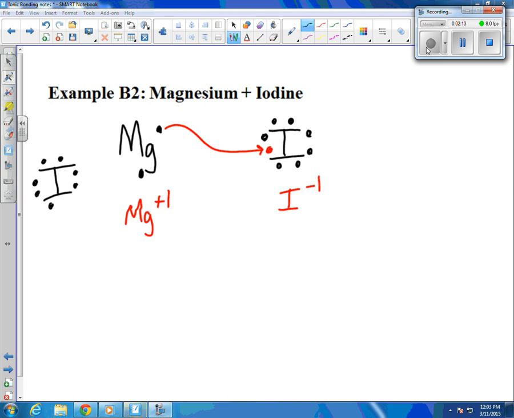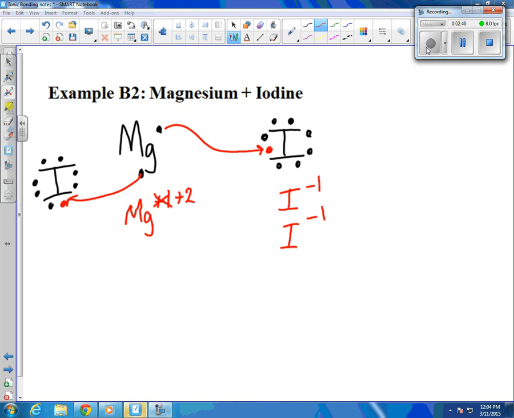And another iodine will come in and take the other one. So the result of that is my magnesium doesn't have a +1 charge, it's a +2 charge. And I have 2 iodines that have a -1 charge.